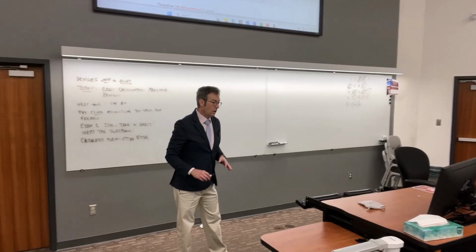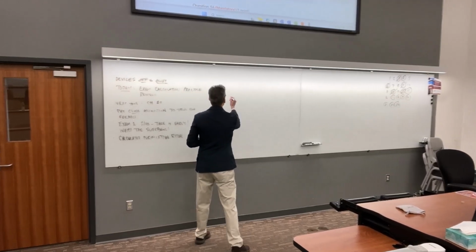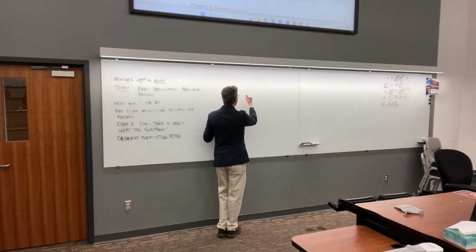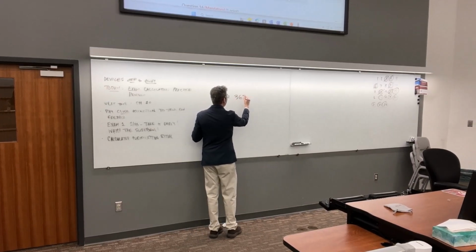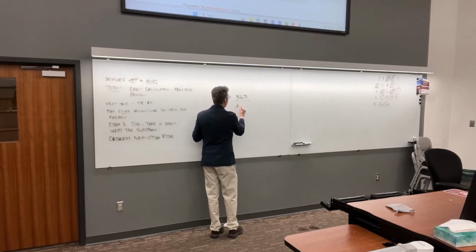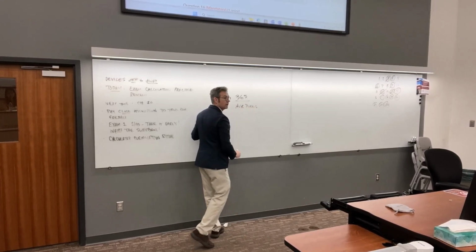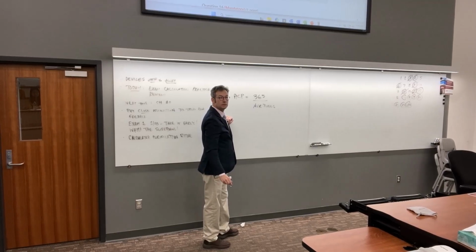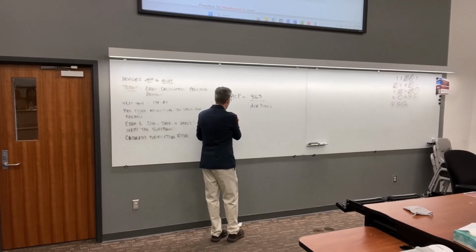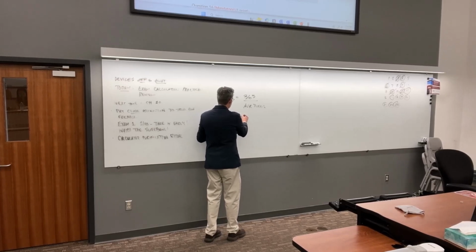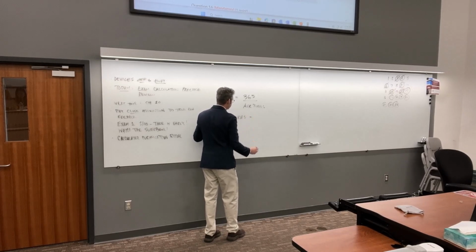Okay, so we have the average collection period, which is also days sales in receivables. We know that is 365 divided by AR turns. Does that sound right? Okay, now, accounts receivable turns. Does anyone remember the formula?